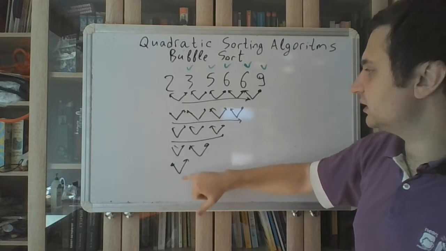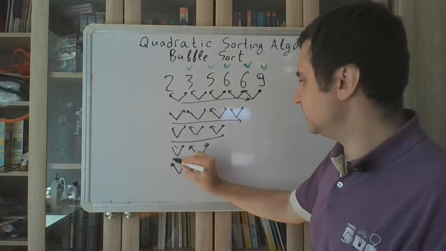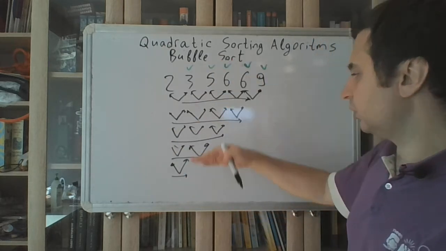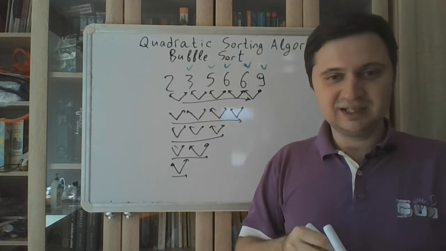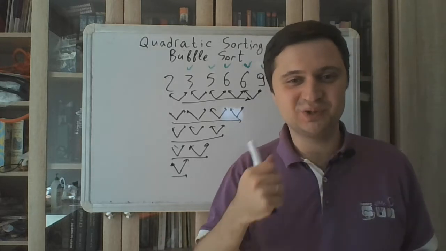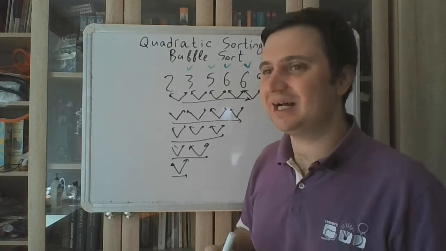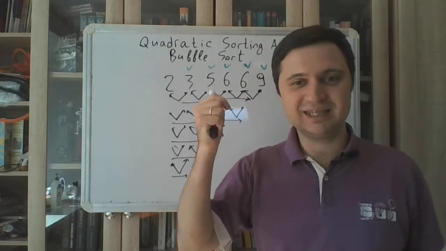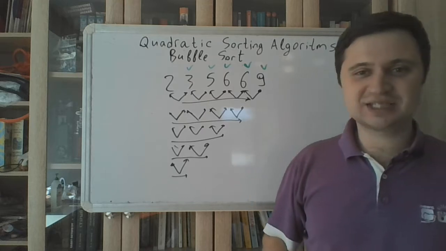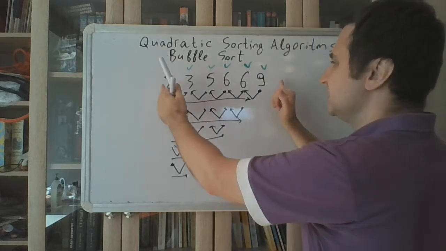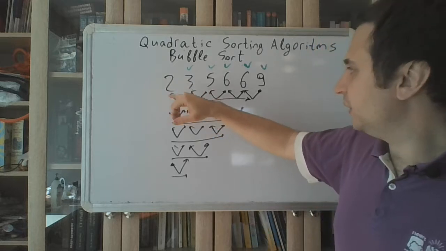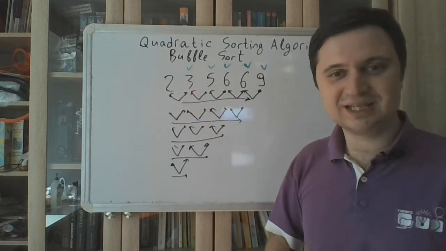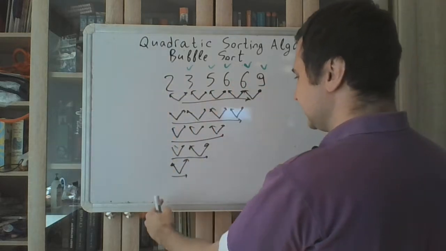So this is the scheme of swaps that you do. And by the way, now we have the visual argument why the topic is quadratic sorting algorithms, because if the size of the array is n, we have to calculate the number of swaps in the bubble sort, and you see that this is an area.